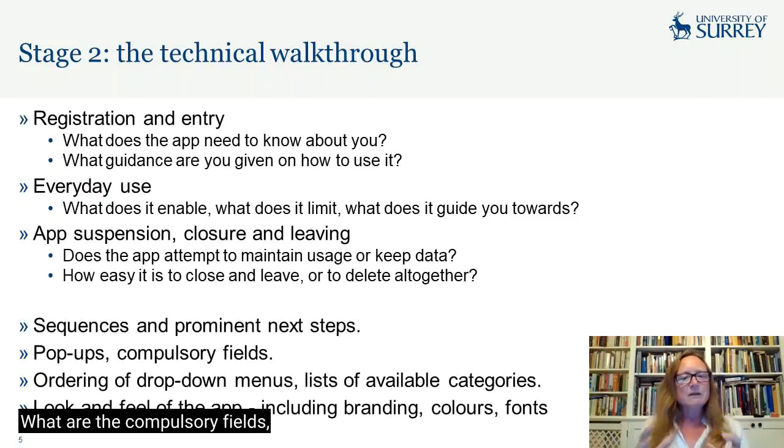What are the compulsory fields, the things that have to be known about us for us to use an app? How do pop-ups get used to attract our attention and steer us in particular ways? How does the ordering of the drop-down menu or the list of the available categories actually frame our understanding of the experience that we are being offered.